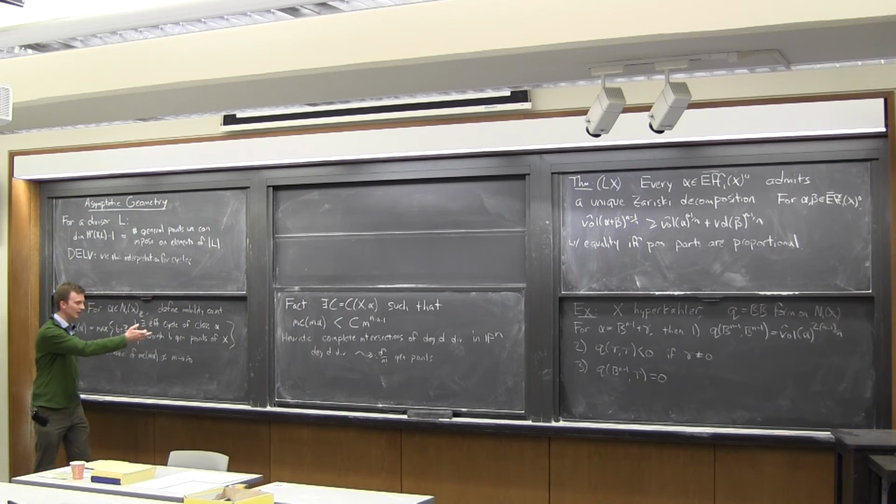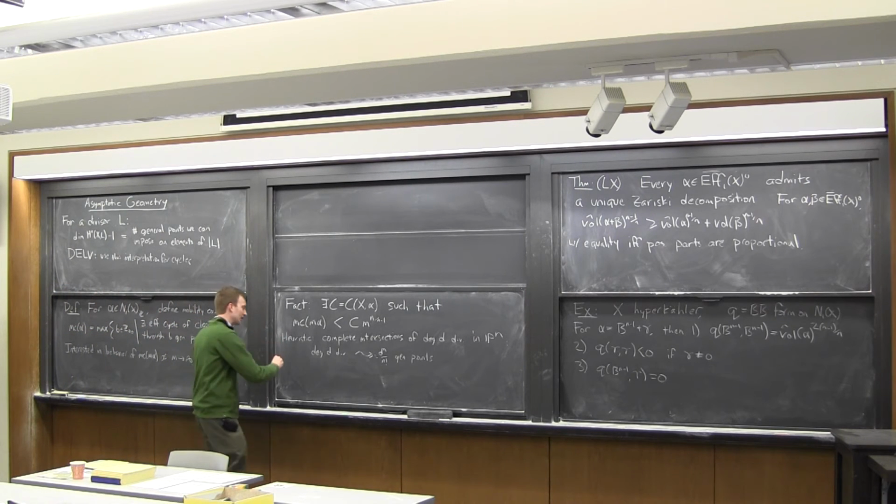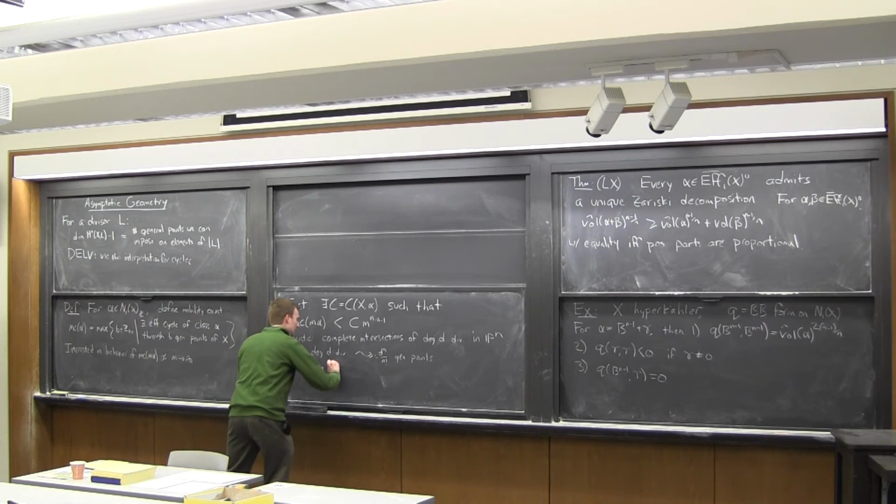Right, the number of points that you impose on a divisor is about h0. Now if you intersect them, we want to go down to dimension 1. We're not doing cycles, we're doing curves. So if you look at the dimension 1 complete intersection, that will have degree d to the n minus 1.